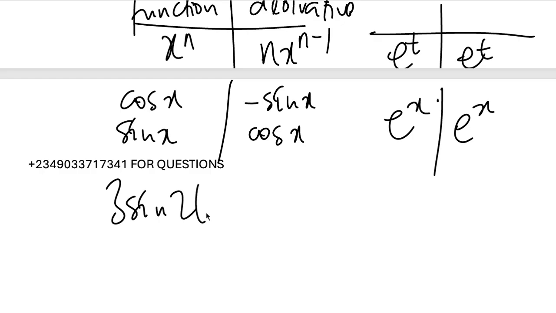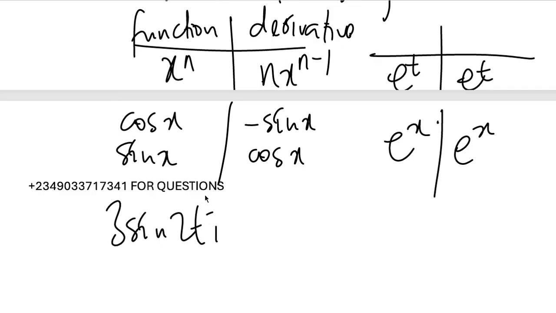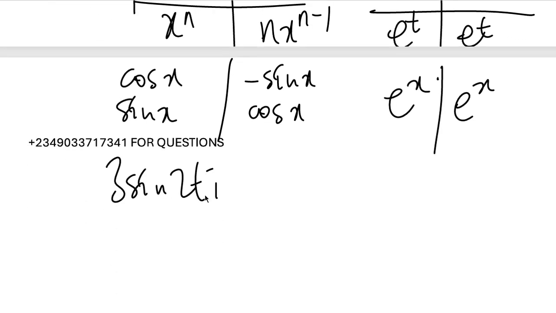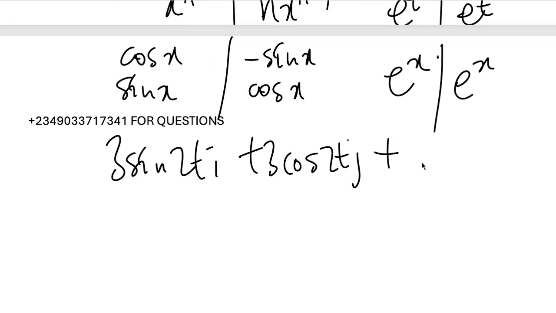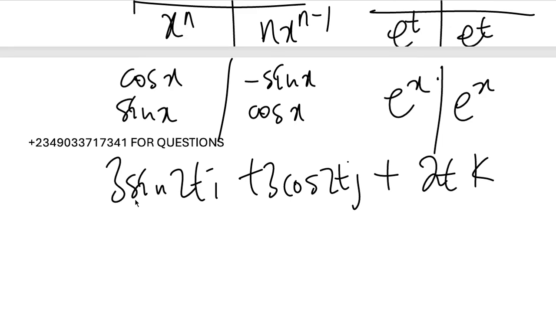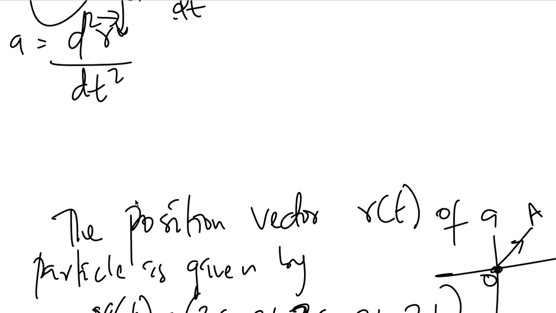Okay, so for 3 sin 2t, this is the vector we have: 3 sin 2t i, plus 3 cos 2t j, plus 2t k. If we should differentiate 3 sin 2t, remember the second property I mentioned when I was explaining.